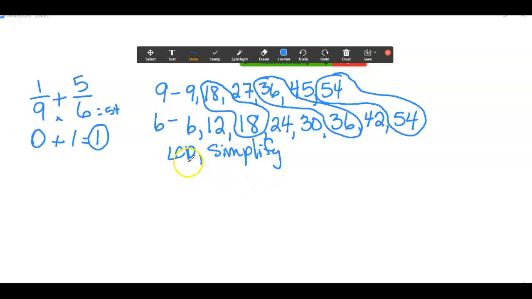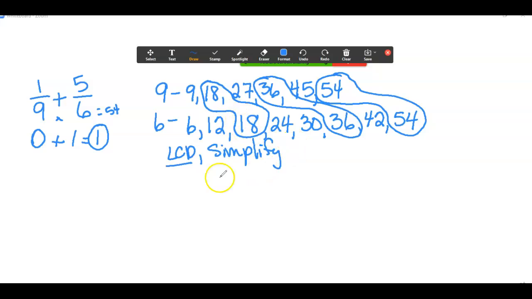So it's really up to you which one you want to do. Now, I'm not saying that every time you find the LCD, you won't have to simplify, because sometimes you will, okay? But I know absolutely for a fact that if you don't find the LCD, you will absolutely have to simplify, okay? So again, it's more, what are you comfortable with?